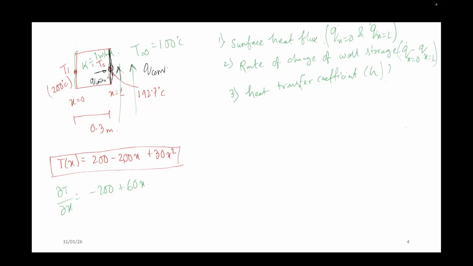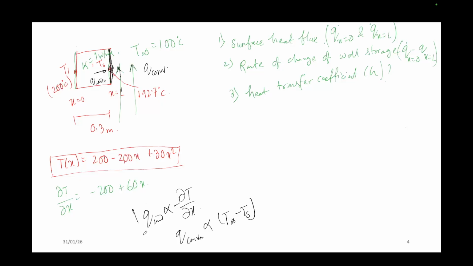Why is it a mixed boundary condition? Here, what is conduction? Conduction is basically proportional to del T del x, right? And if I talk about convection, what is it basically? It is proportional to T minus Ts.